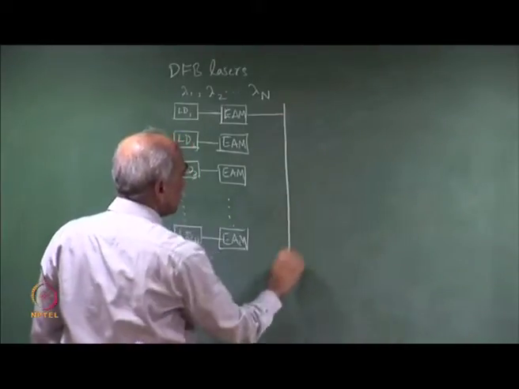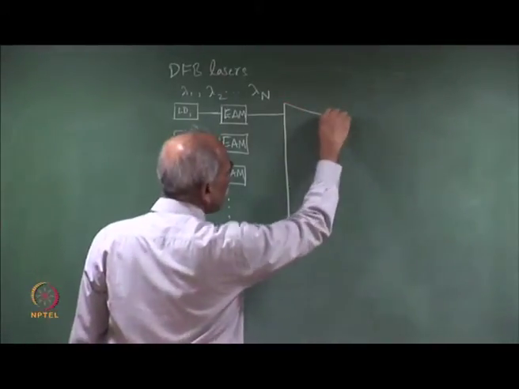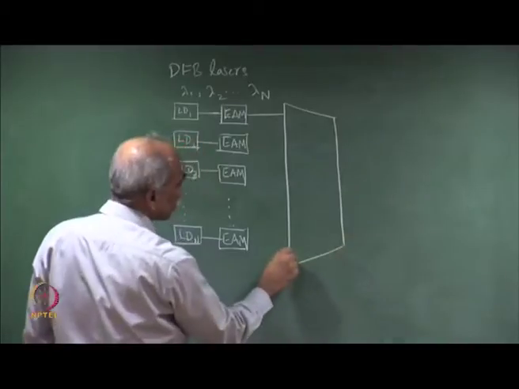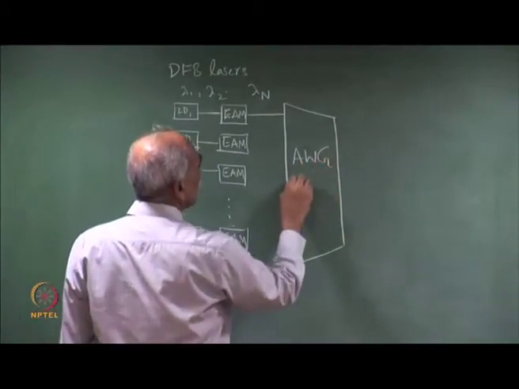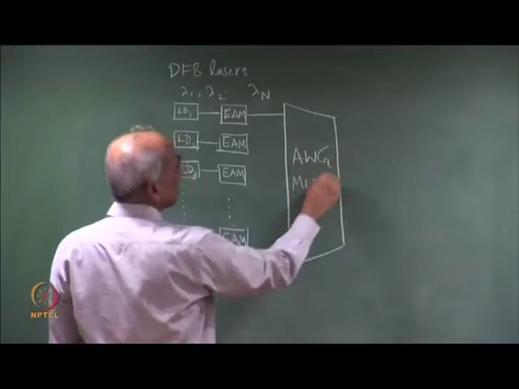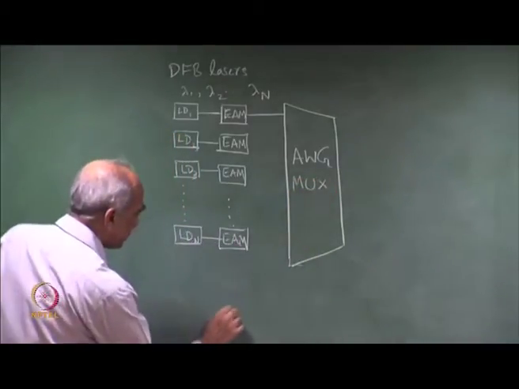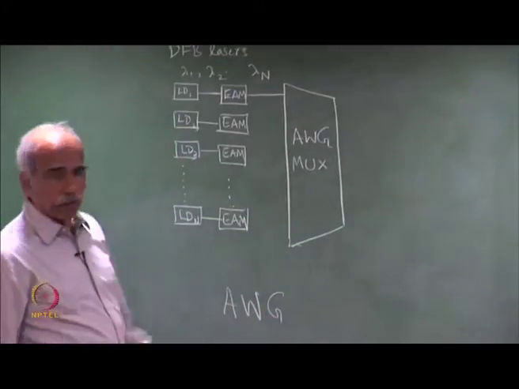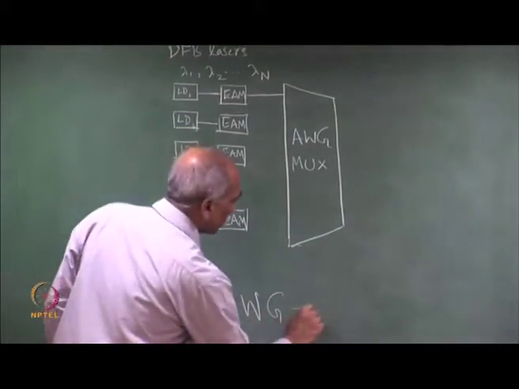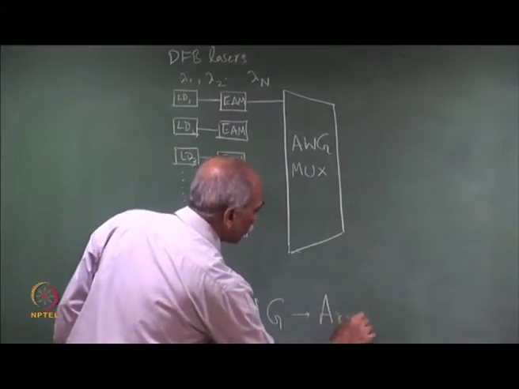The output of this goes to a mux, an AWG mux. So, this is AWG mux. AWG stands for arrayed waveguide grating. Let me briefly discuss this AWG, arrayed waveguide grating.